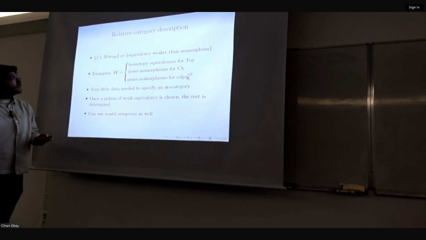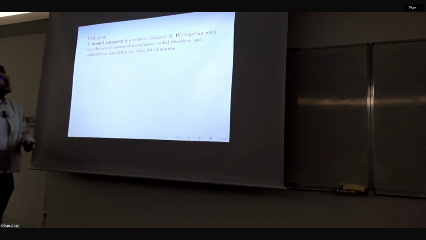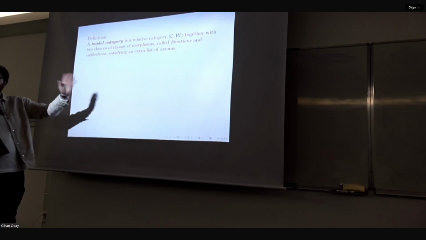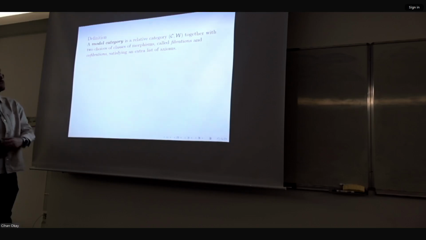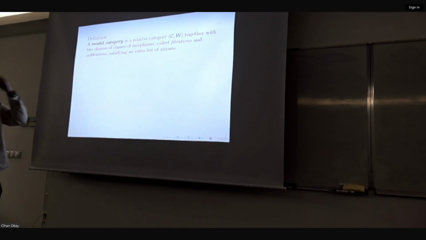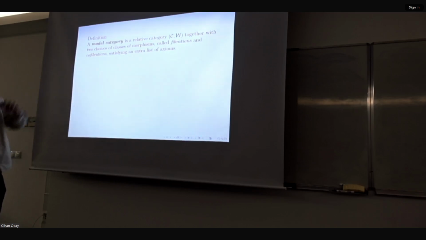Therefore, a model category is actually a relative category. In addition to this W, you introduce two other choices of classes of morphisms, what we call fibrations and cofibrations.